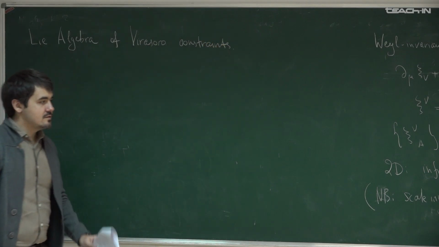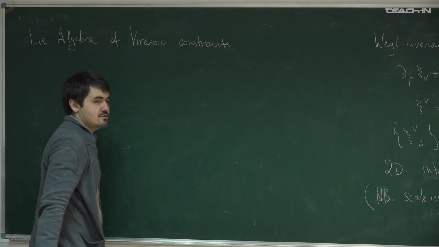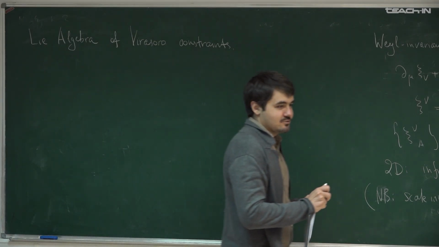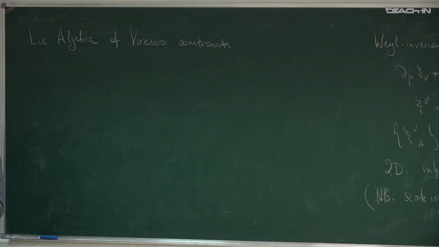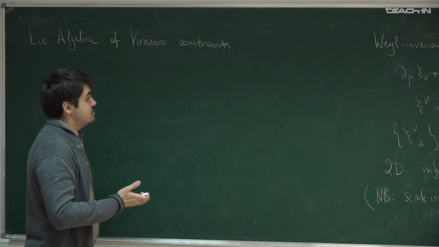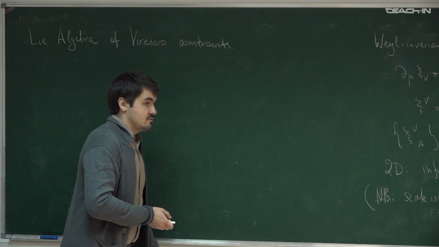And as you can guess, because these are Virasoro constraints, ultimately it will be a Virasoro Lie algebra. But we'll just derive that. In Noether's theorem, there are several steps. First, it says that if you have some symmetry, there will be a conserved quantity.